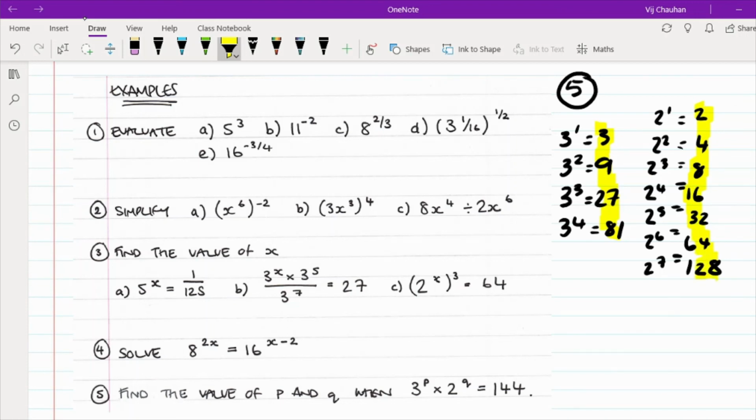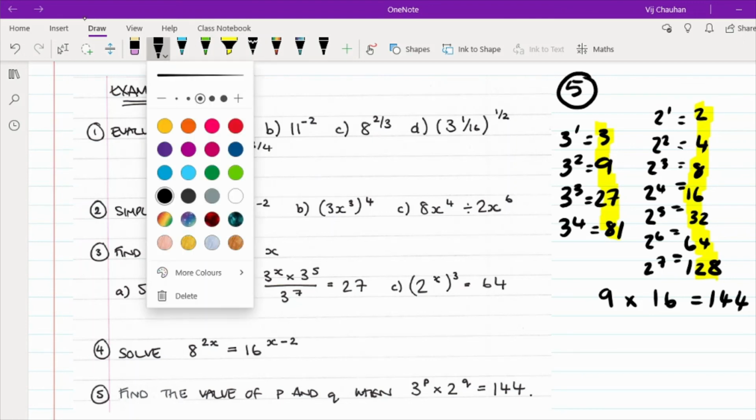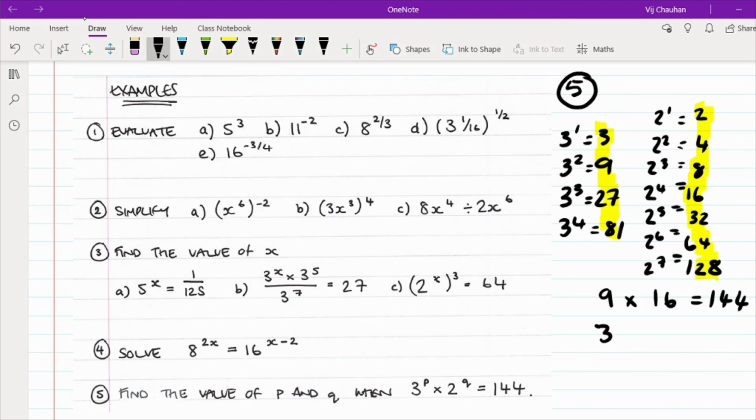So I'm thinking, right, well, 3 times any of these gives me 144? No. 9 times any of these numbers? Yes, it'll be 16. So from this, I know that 9 times 16 gives me 144, and from that I can convert the 9 and the 16 into powers of 3 and 2. So I can write this as 3 squared times 2 to the power of 4.